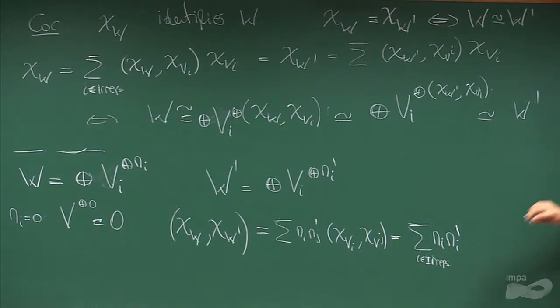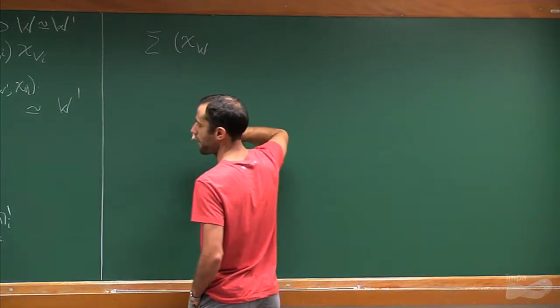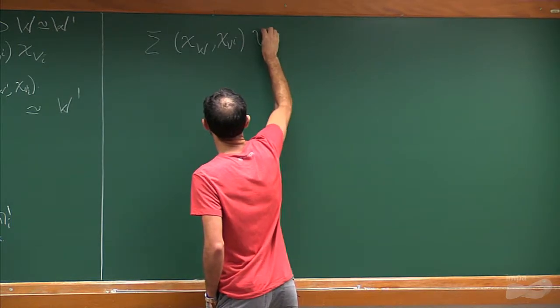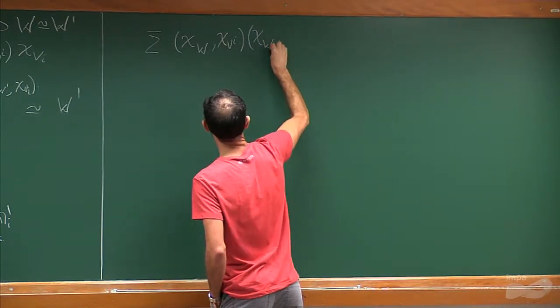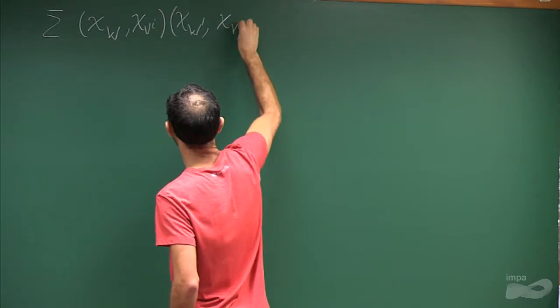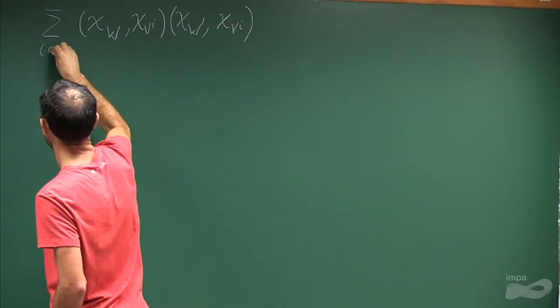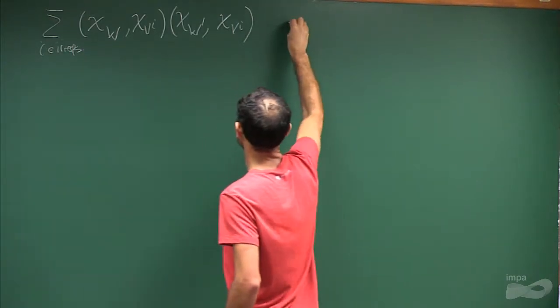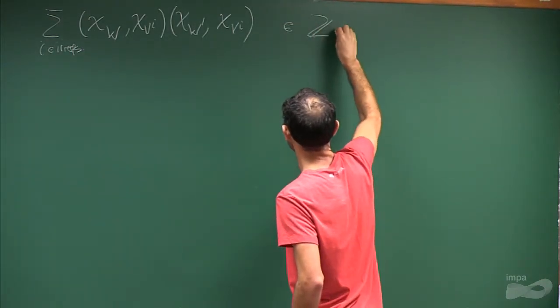So again, this number here is the sum over i in irreps of the products of the inner product of the character of W with the character of Vi and the inner product of the character of W prime with the character of Vi, and this is a positive integer number.